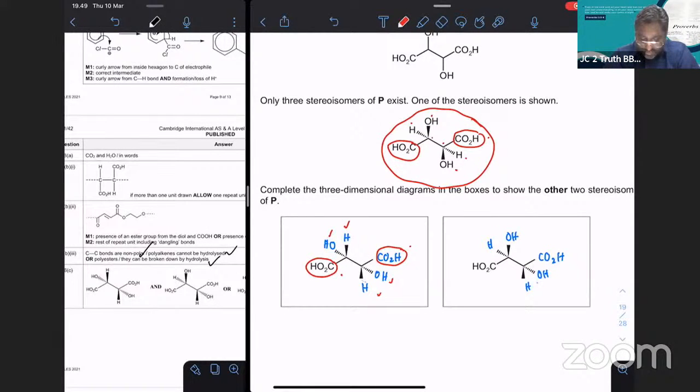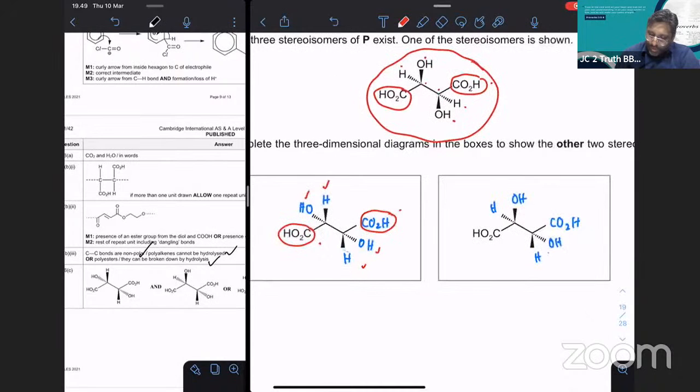Now, the second thing that I did: I still maintain the COOH over here. But rather than just switching, you see H and H is here, what I did was I put the OH straight, OH, OH over there.